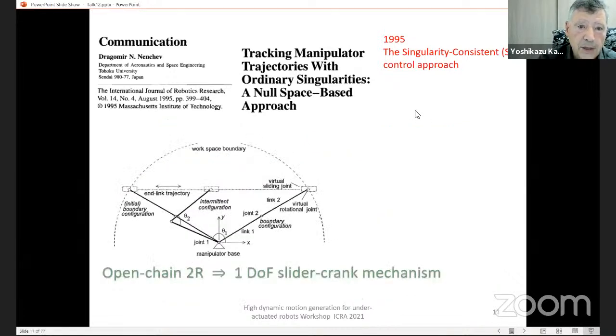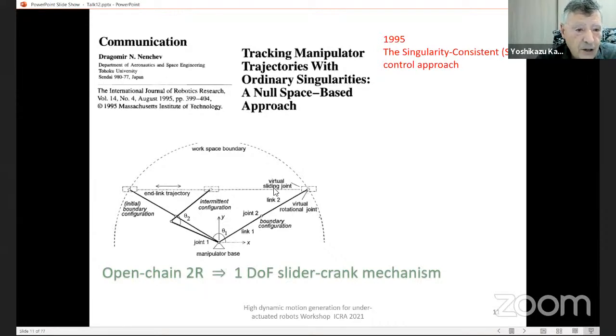In order to understand this, maybe you can think of a very simple example of a 2-arm manipulator, where the end link is required to move along a straight line. On the left and right, it hits the workspace boundary, and this is a singular configuration.